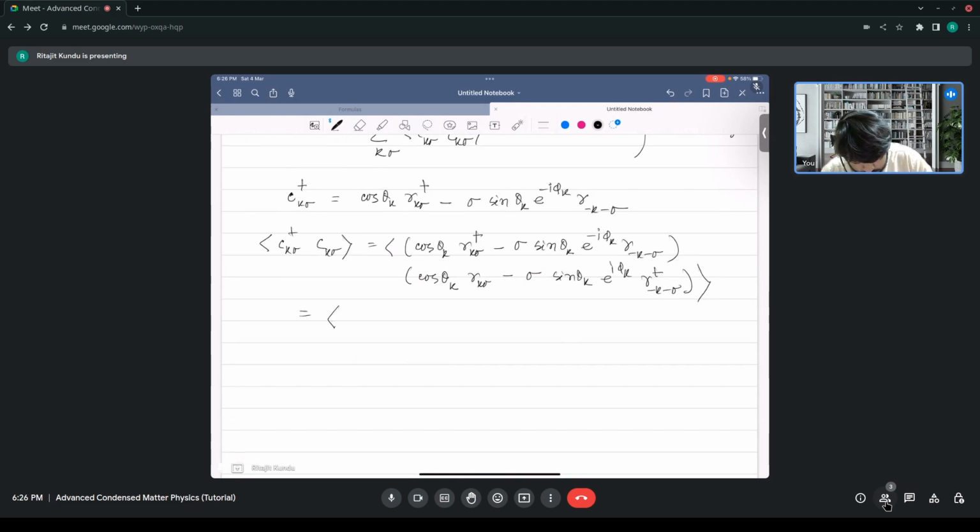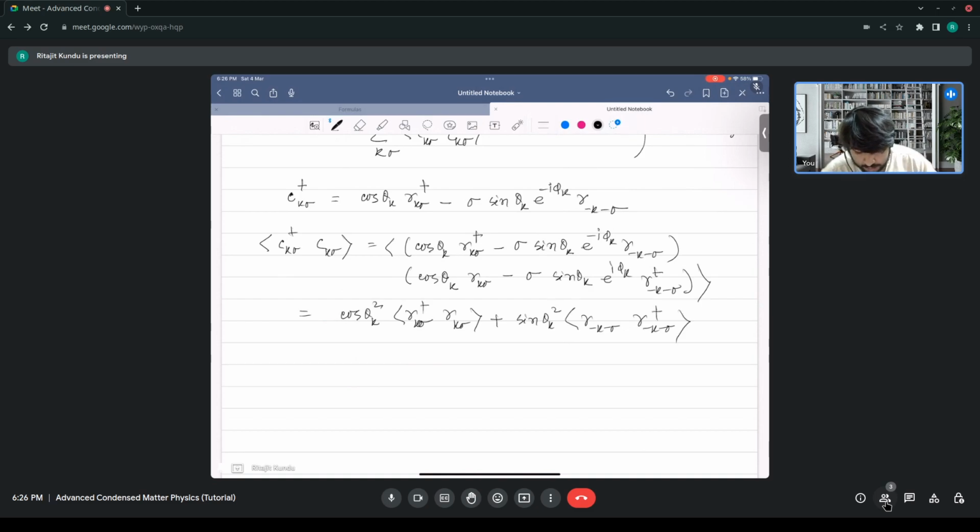The first term will become something like this: cos squared theta k gamma k sigma dagger gamma k sigma plus sine squared theta k gamma minus k minus sigma gamma minus k minus sigma dagger expectation.